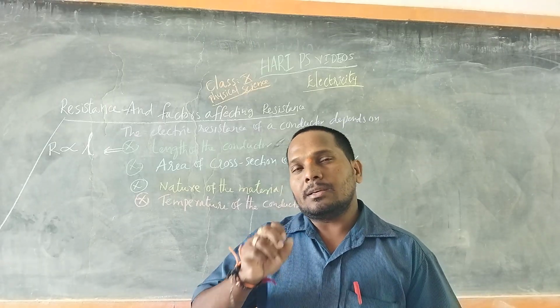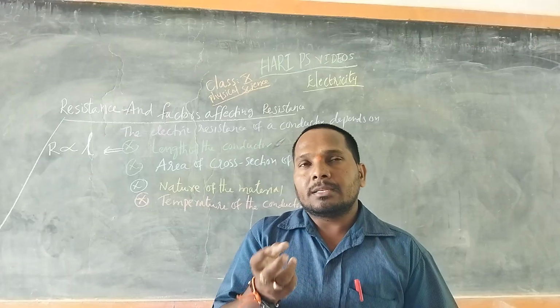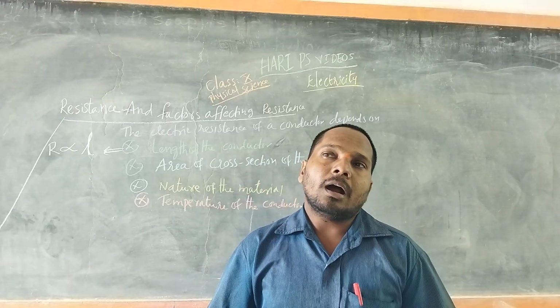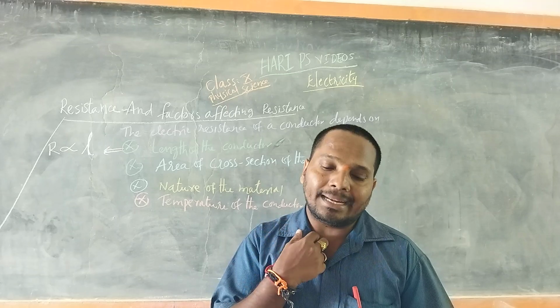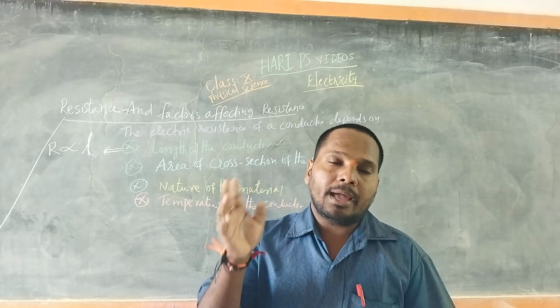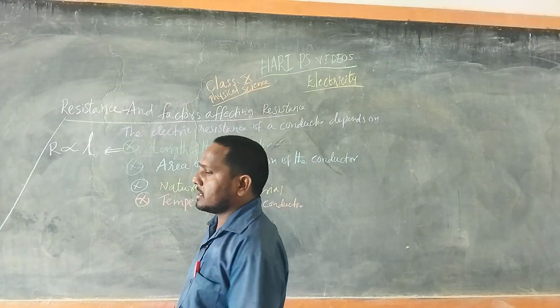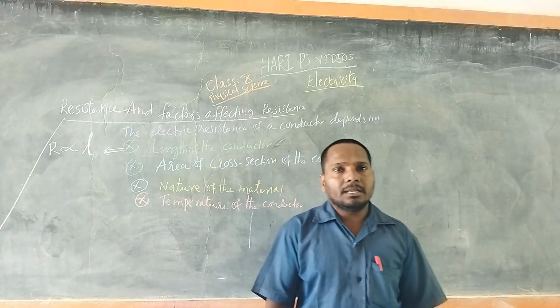So finally, a simple thing is resistance depends on the length of the electric conductor. A long wire has more resistance, a short wire has less resistance.